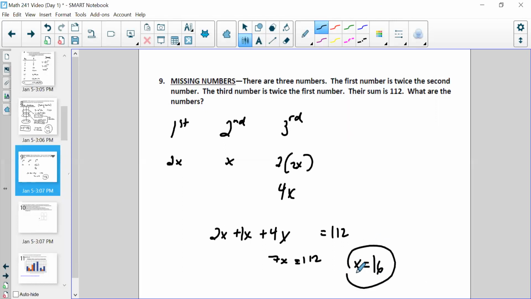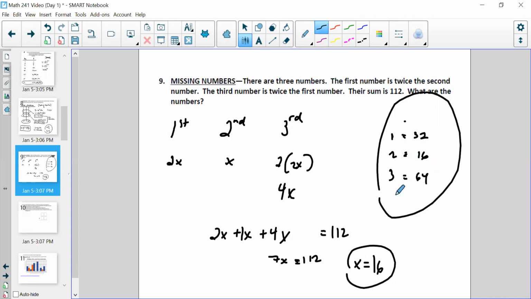Well, that's not my final answer because it says what are the numbers. So that means, first, second, third, the second number ends up being 16. The first number ends up being 32. And then we see the third number would be 16 times 4, which would be 64.